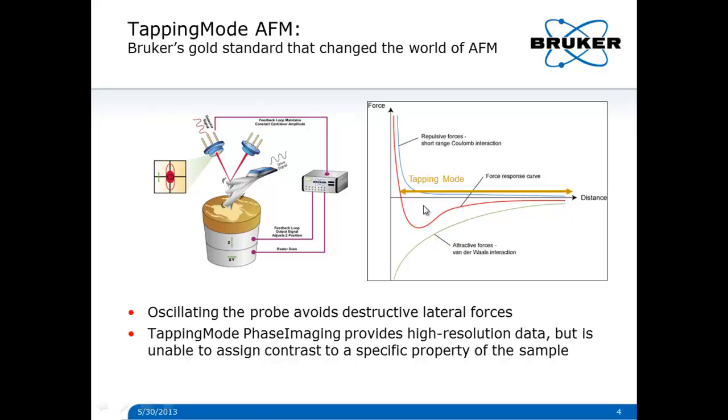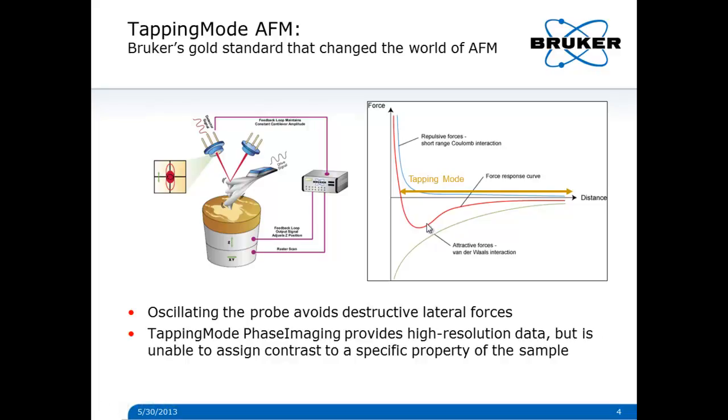When the tip approaches a sample, it experiences an attractive force and is pulled toward the sample, and then it jumps into contact with the surface, and then the repulsive, Coulomb-like interaction dominates the response of the tip.